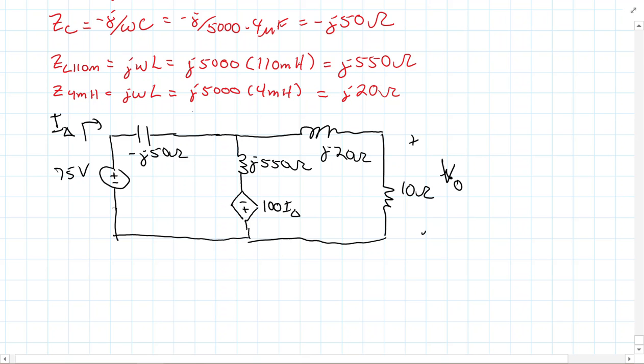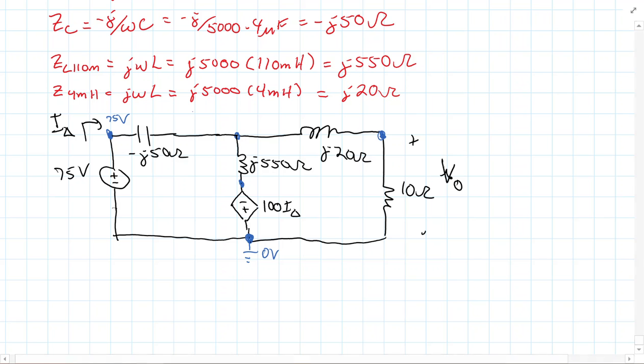Alright, now technically you can use any method we want to, but if you look at how many nodes there are in this problem, we've got 1, 2, 3, 4, 5. Now we do know some of these, like this would be ground and that would be 0 volts. That makes this 75 volts, but I still have 3 unknown voltages, which means I'm going to have 3 equations.